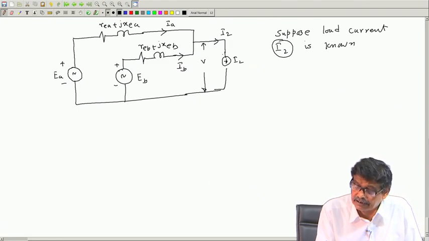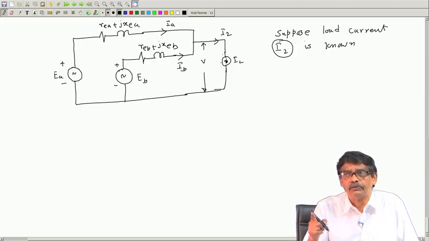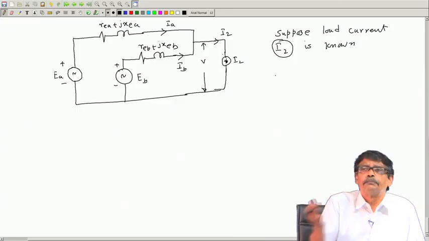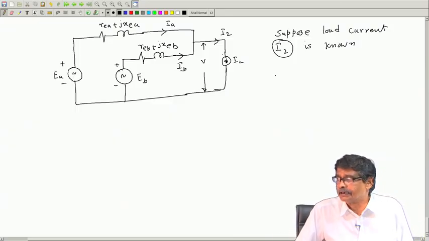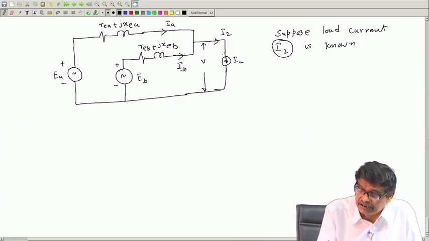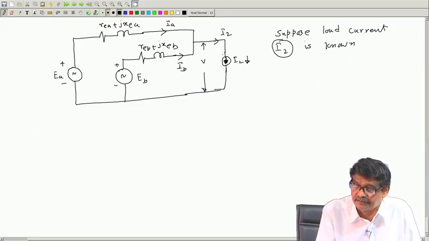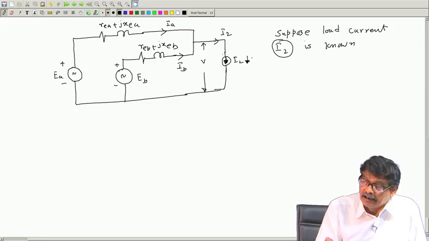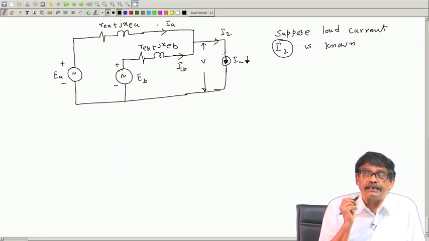You must be knowing that in a circuit, if current in a branch is known, then replace that component by a current source, and currents in other branches remain the same. So it can be replaced by a current source in this direction, since it is known. In terms of I2, I want to know what are IA and IB.